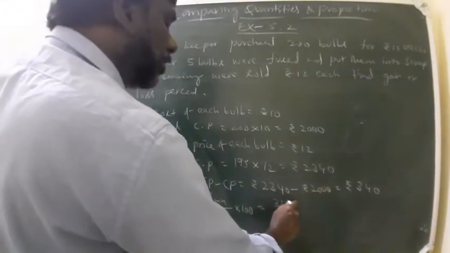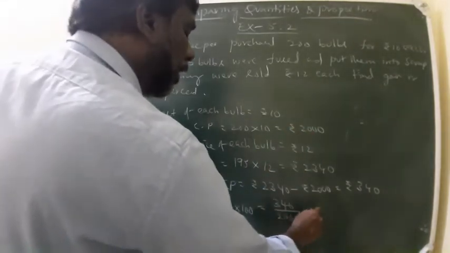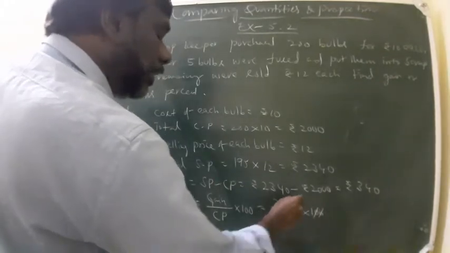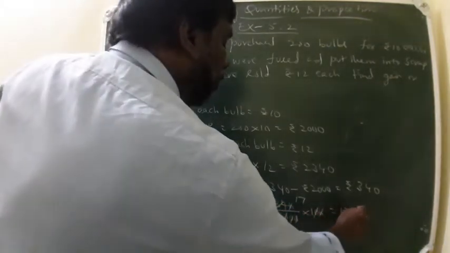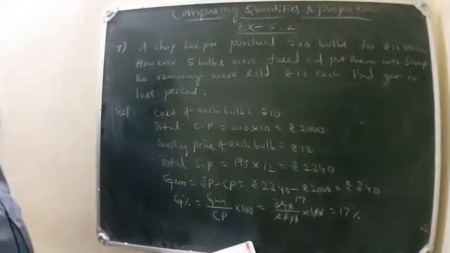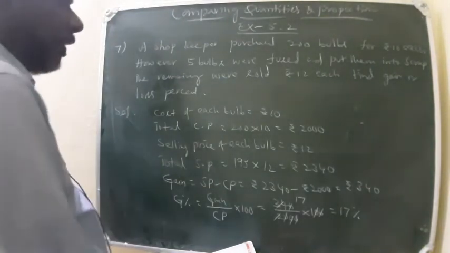Actual gain 340 by CP 2000 into 100. Gain percent is 17%.